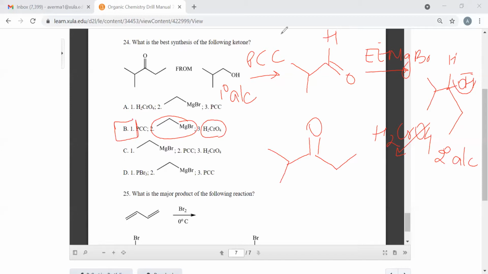Is the answer not B, or does this answer your question? Okay, I'm not sure who had asked that question. Oh, I think that student might have left per chance.